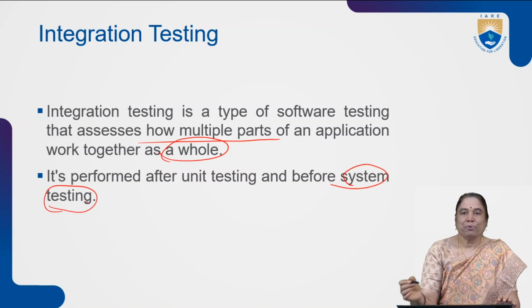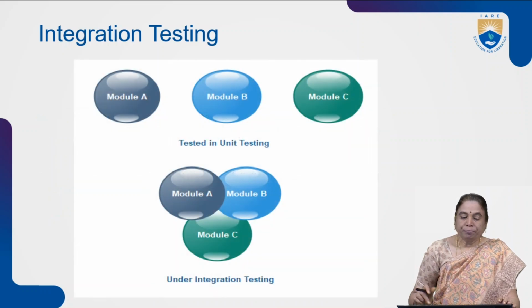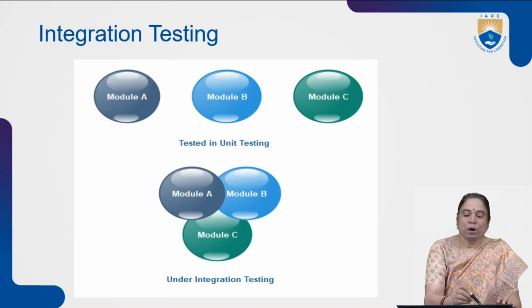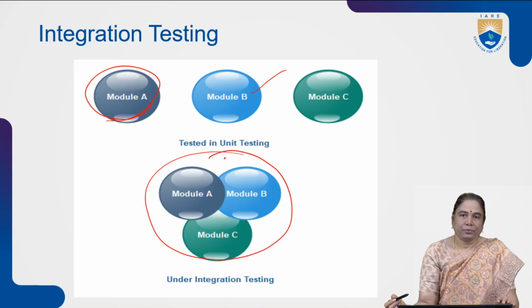So in between unit testing and system testing, integration testing must be carried out. Independent modules or units are first tested, and if they pass, then they are integrated as a whole and can be tested.